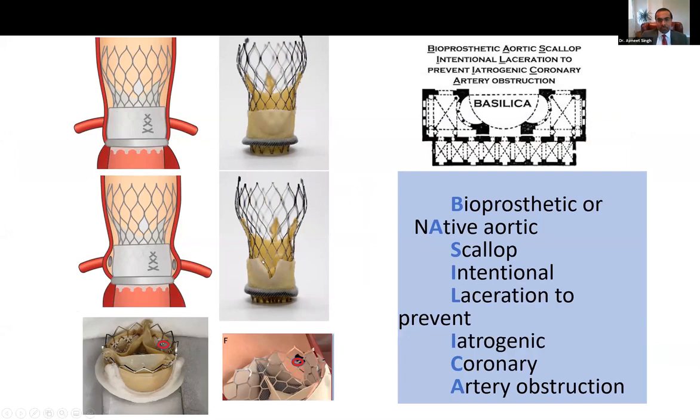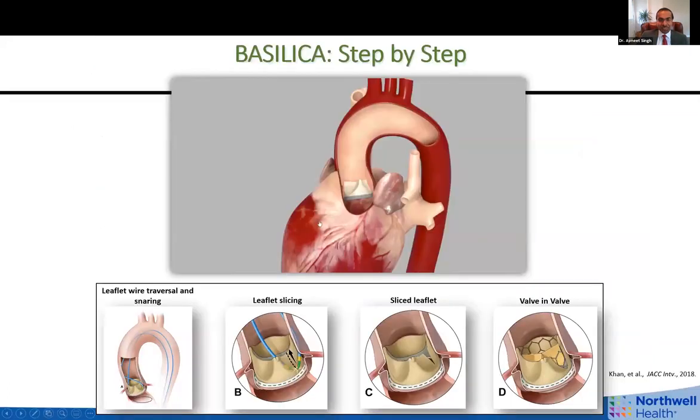What we're trying to do is lacerate that valve leaflet so that when the valve leaflets get pinned into the sinuses, you create a gap in front of the coronary arteries so that the coronary flow can be preserved. Now, if the surgeon had to do it when they open up the patient, they can easily take a scalpel and just make a slit. But obviously in the cath lab, this takes a lot more work and planning to do this.